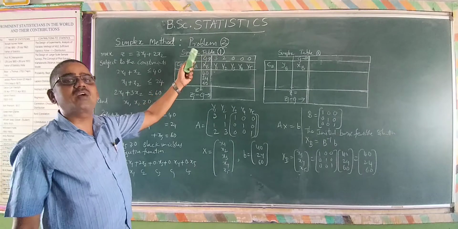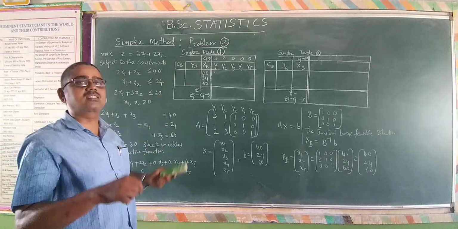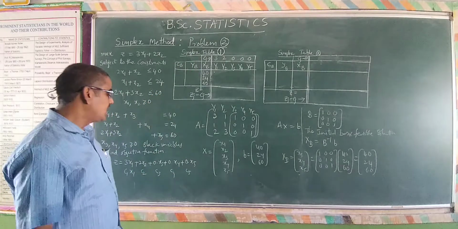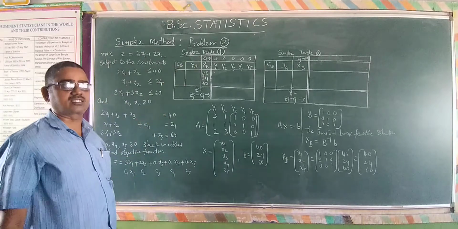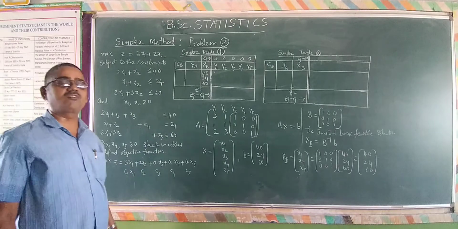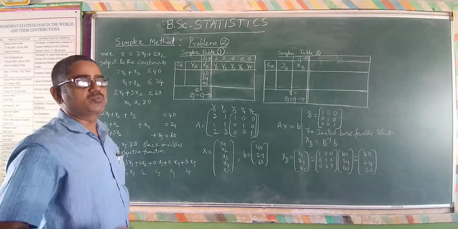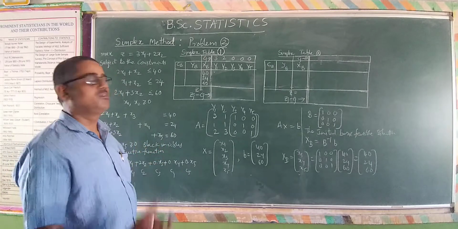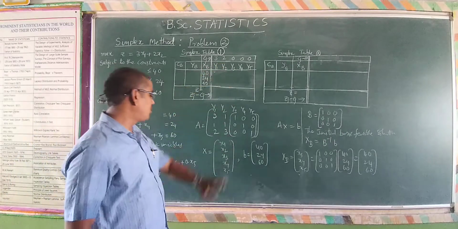Cj is the cost vector, or it involves the cost of all the variables. It is nothing but the coefficients of cost, that is C1, C2, C3, C4, C5. So Cj we have specified.